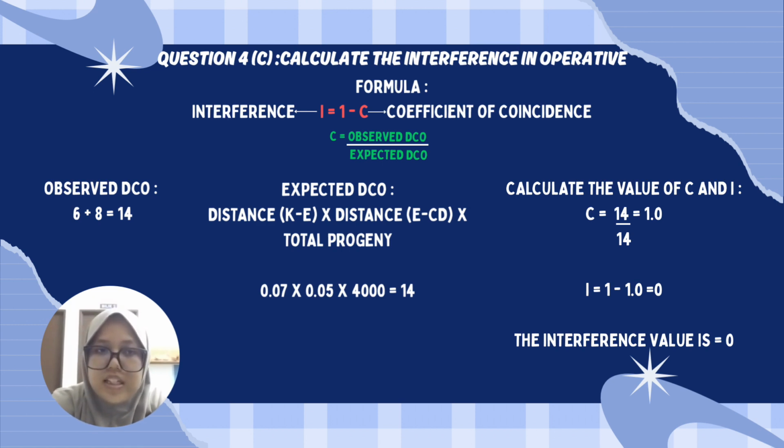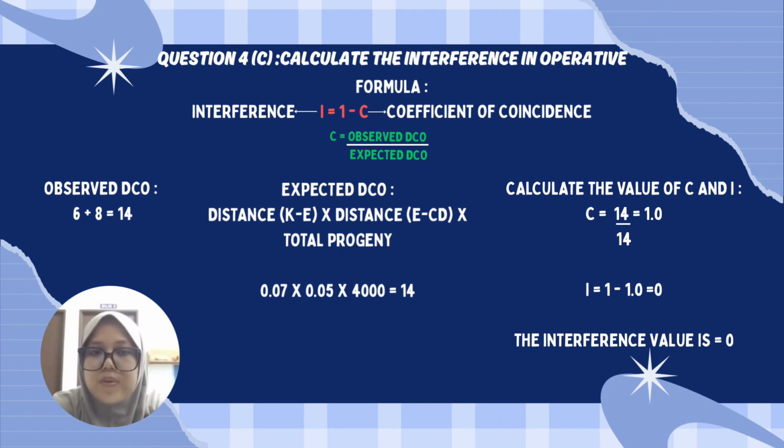Second, we calculate the theoretical expected DCO based on the gene distances we found in question B, which is 0.07 times 0.05 times 4000, giving us 14 as well. When we divide the observed by the expected, we get the coefficient of coincidence C equal to 1.